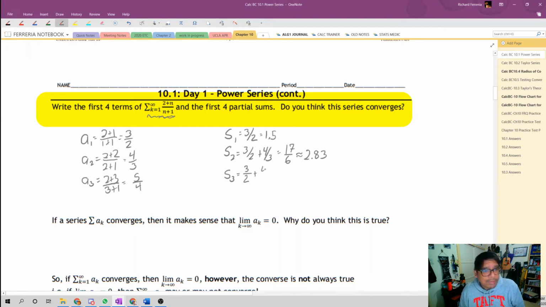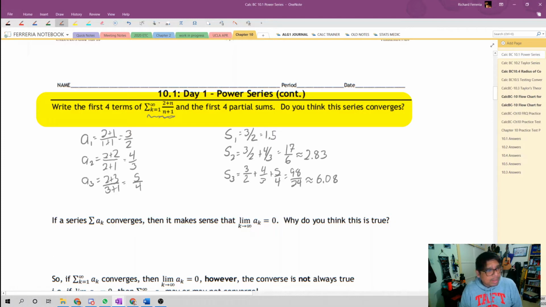So 3 halves plus 4/3 plus 5 over 4. That is equal to 98 over 24, and that approximates to, what is that, 6.08?